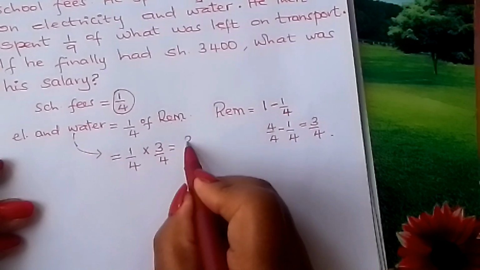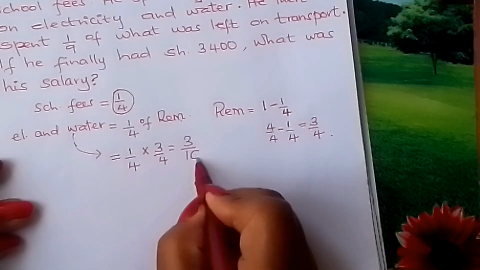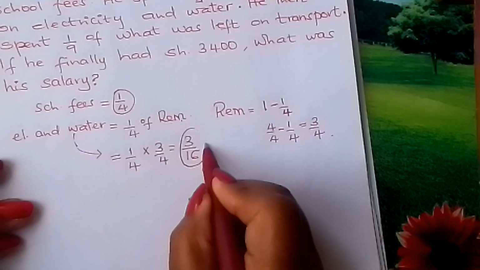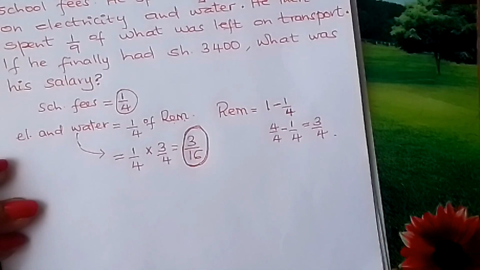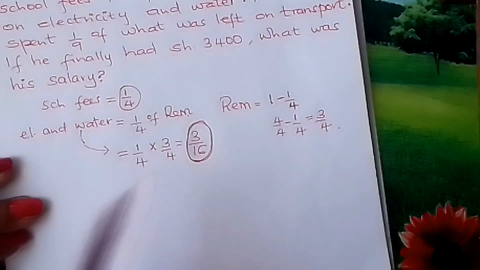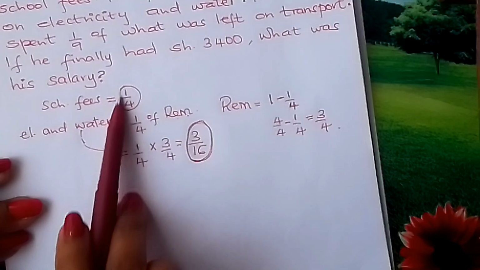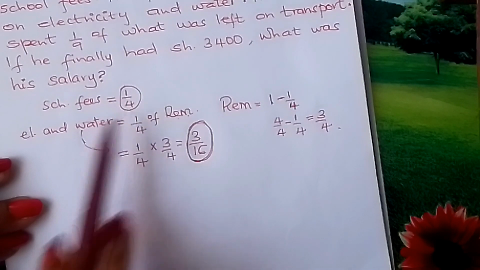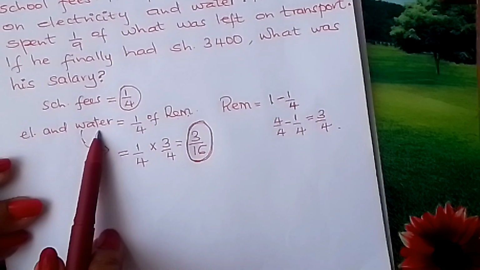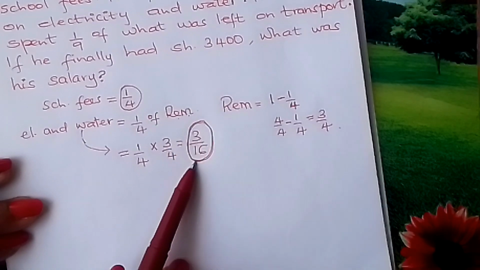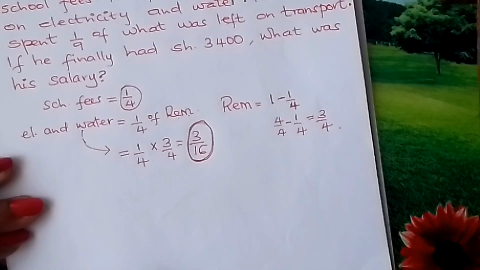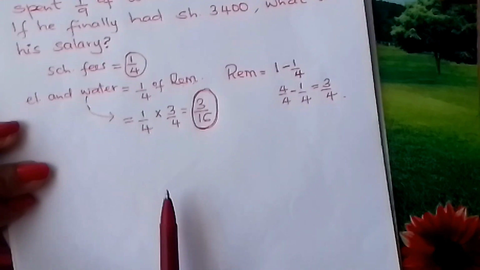Work out that. 3/16 of his salary is spent on water and electricity. I've even circled it. So, fees is a quarter of his salary. Electricity and water is 3/16.